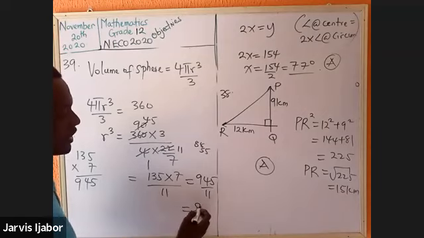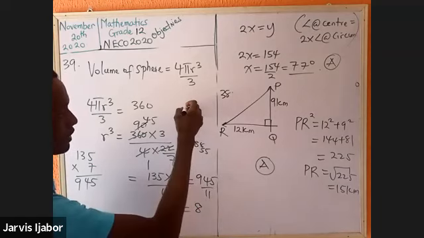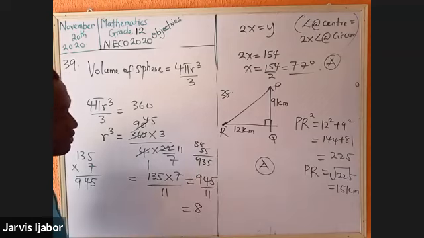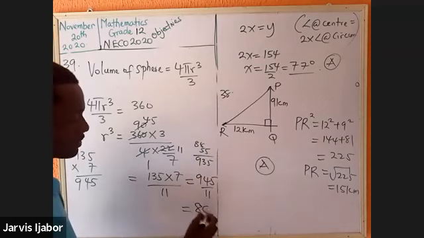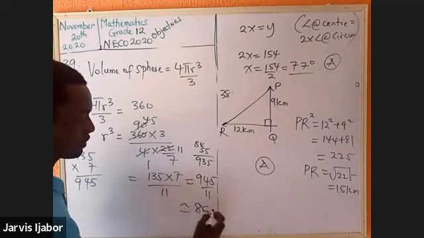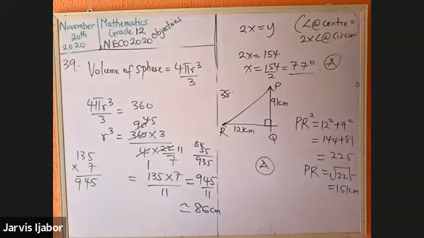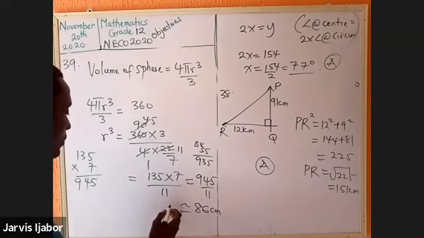So that's approximately 80 something. This is 935, remainder 10. So that's approximately 86 centimeters.